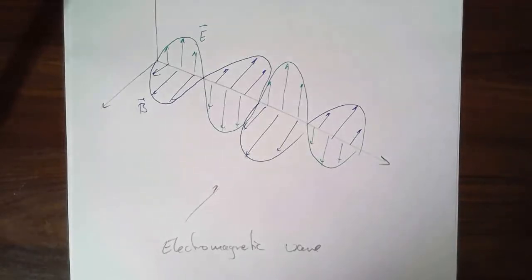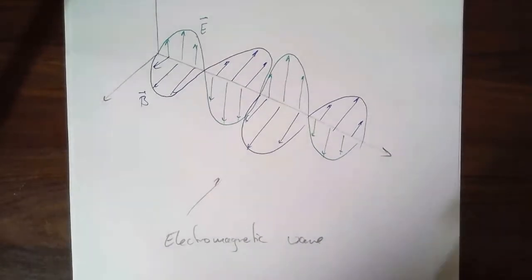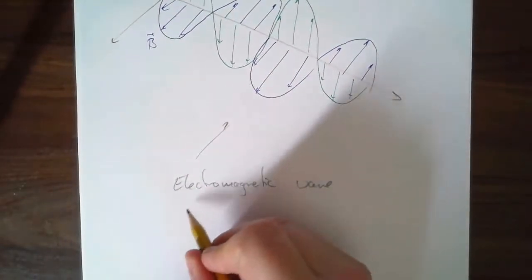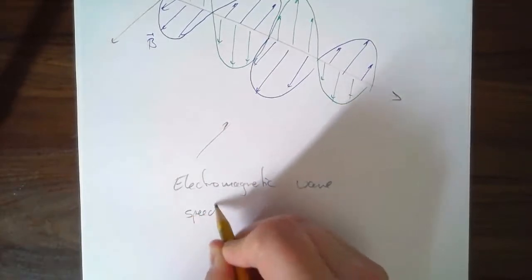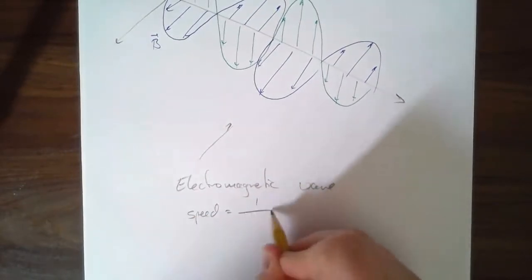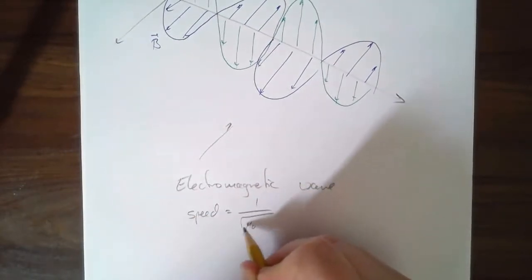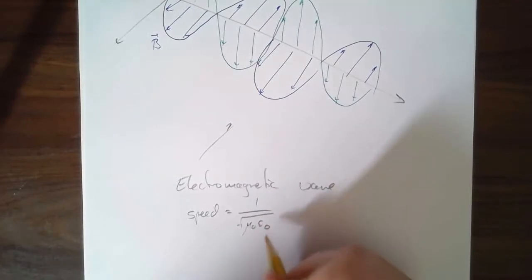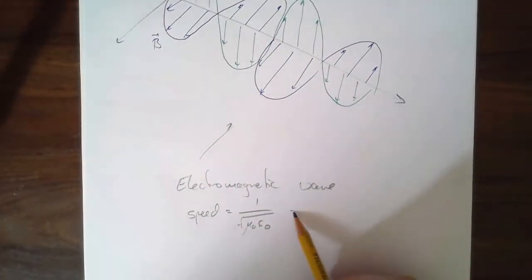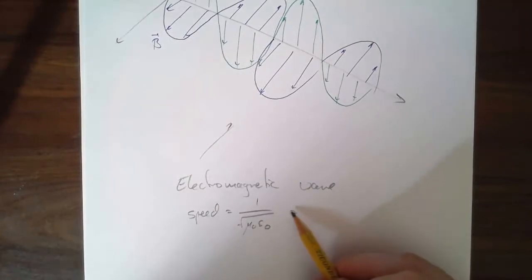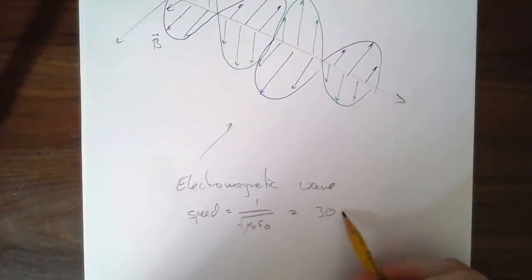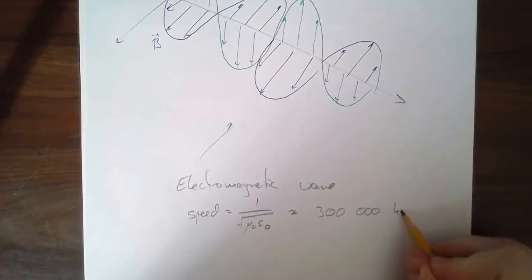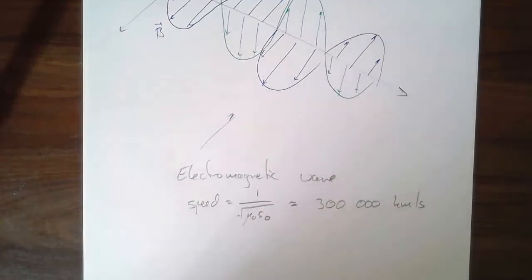Now, we said that the speed of this wave was equal to 1 over the square root of mu naught times epsilon naught. And you do the math, and you get that this is roughly 300 million meters per second, or 300,000 kilometers per second.